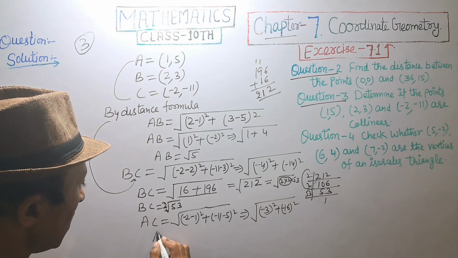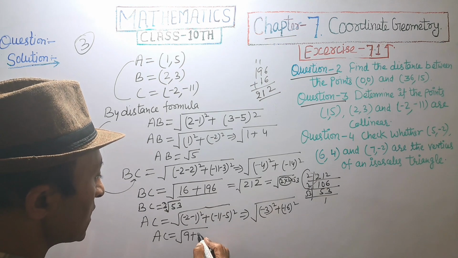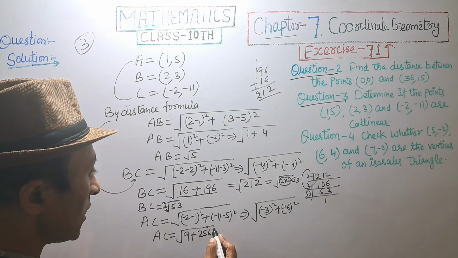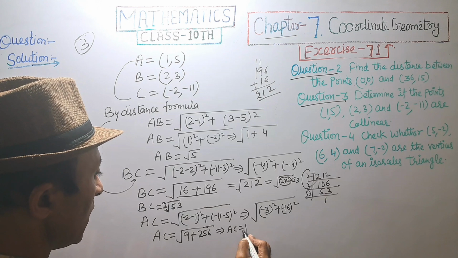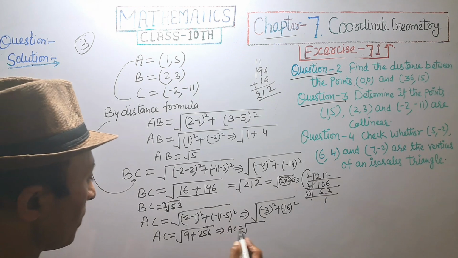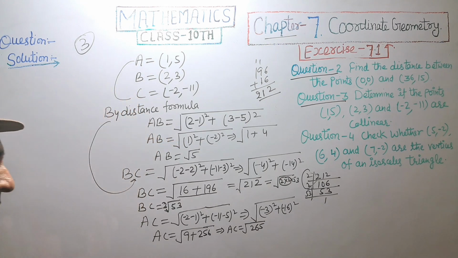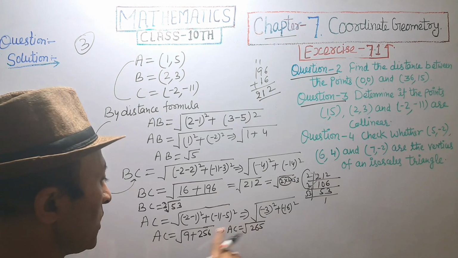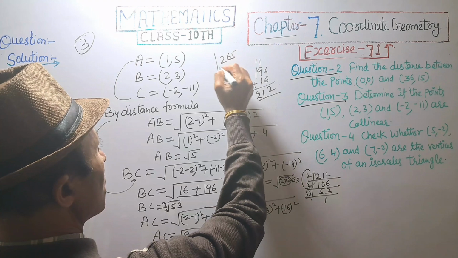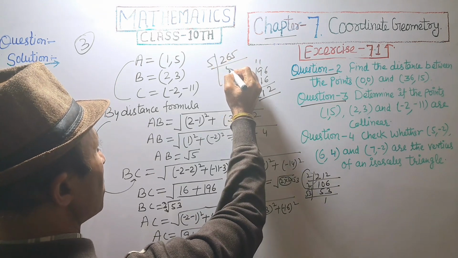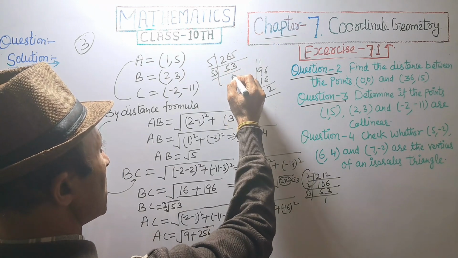3 3s are 9. AC is equal to 3 3s are 9 plus 16 16s are 256. 256 plus 9. This implies AC is equal to under root of 265. 9 plus 6 is 15, 5 plus 1 is 6, and 265. 265, 5 5s are 25 and 5 3s are 15, but 53 ones are.